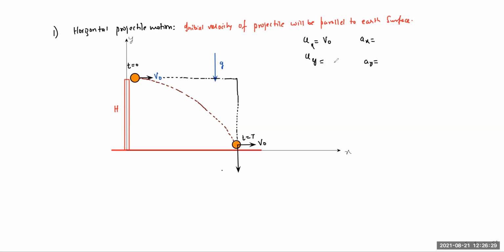What is UY? 0. What is AX? AX is the acceleration component in the x direction. 0. And what is AY? Minus g. Yeah. Now, once you get these four values, you can solve any question. So your job is done.